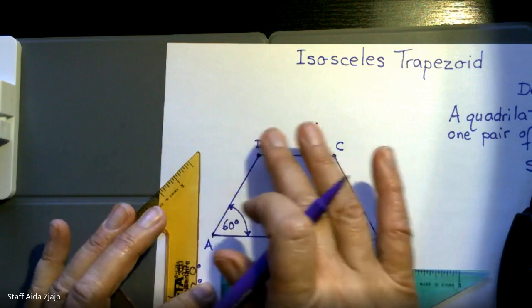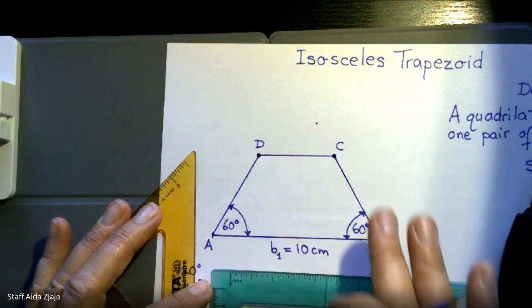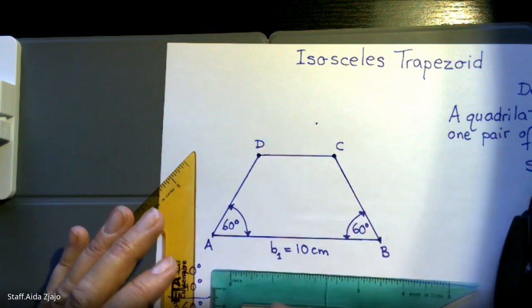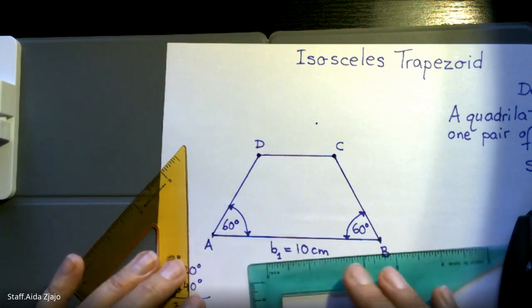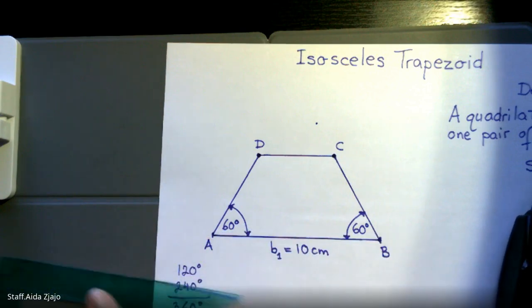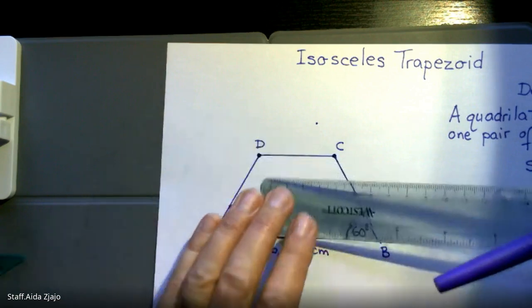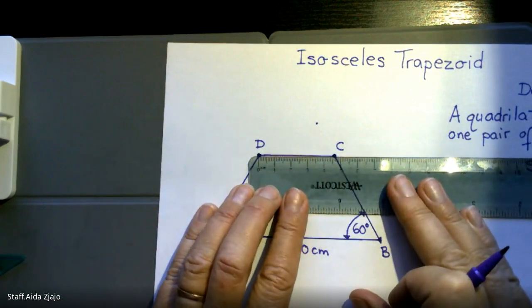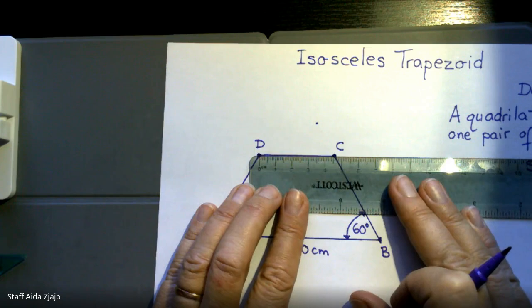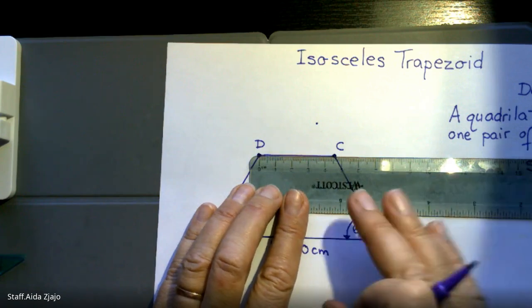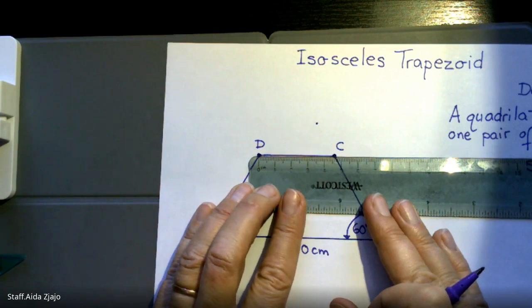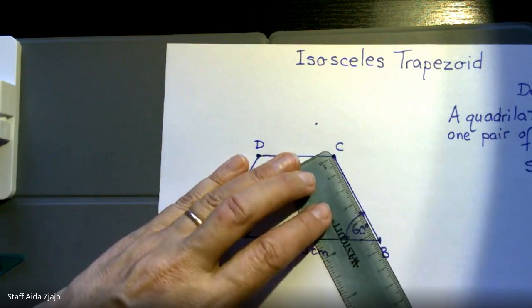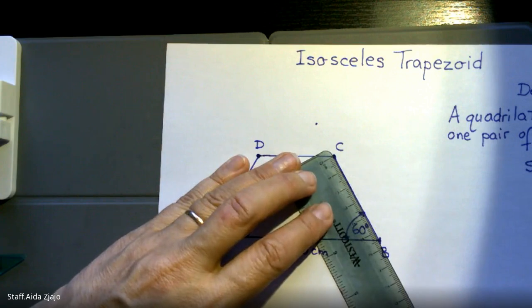I can call it ABCD trapezoid, isosceles trapezoid. And then I can measure the sides. So if I look, this one's 10, and then this is going to be about 4.5 centimeters, a little more, 4.6. 4.6 and 5.5.